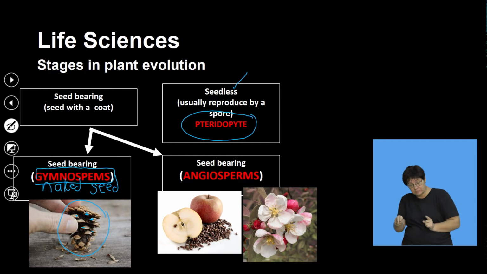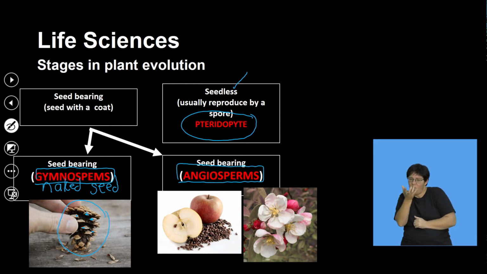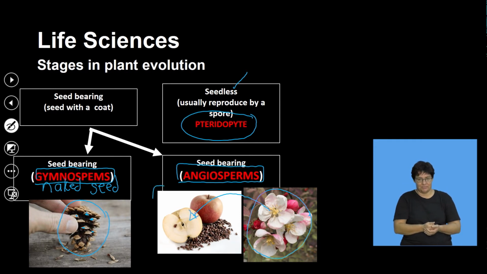Then the other group of seed-bearing plants are going to be these beautiful flowers. Now this over here is an apple blossom. It's a flower that is going to become fruit. And some angiosperms, look at their seeds, nice and hard, found in the apple over here.